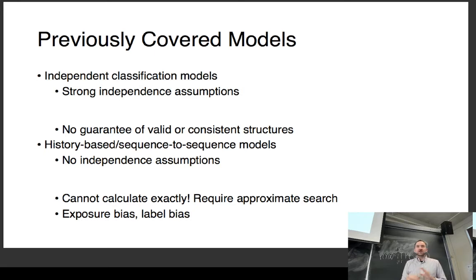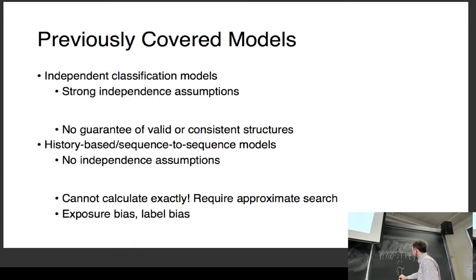As I mentioned last time, or the time before last, I believe, you have no guarantee of this giving you consistent structures. So you won't necessarily get a good consistent solution for your entire sequence. On the other hand, history-based models, sequence-to-sequence models, models using teacher forcing, have no independence assumptions.